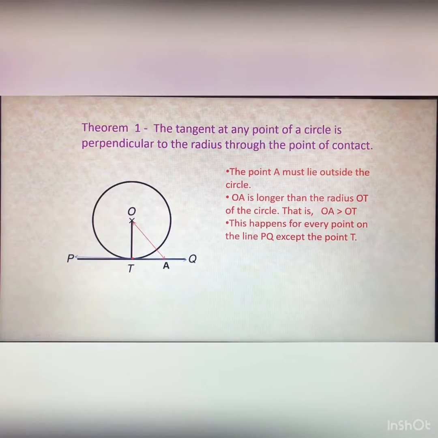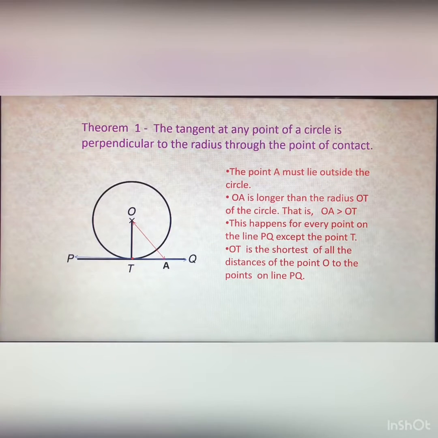Okay, so this happens for every point on the line PQ except the point T. अगर हम इस PQ पर कोई भी पॉइंट ले लें तो ये सबके लिए होगा. क्या सबके लिए होगा? कि वो लाइन आपका रेडियस से लॉन्गेस्ट होगा. पॉइंट T को छोड़ दीजिए, बिकॉज OT इज ए रेडियस. तो इस T पॉइंट को छोड़ करके आप कहीं भी पॉइंट लेंगे PQ पर, देन दैट लाइन इज द लॉन्गेस्ट लाइन ऑफ द सर्कल. ओके, OT इज द शॉर्टेस्ट ऑफ ऑल द डिस्टेंस ऑफ द पॉइंट O टू द पॉइंट ऑन लाइन PQ.